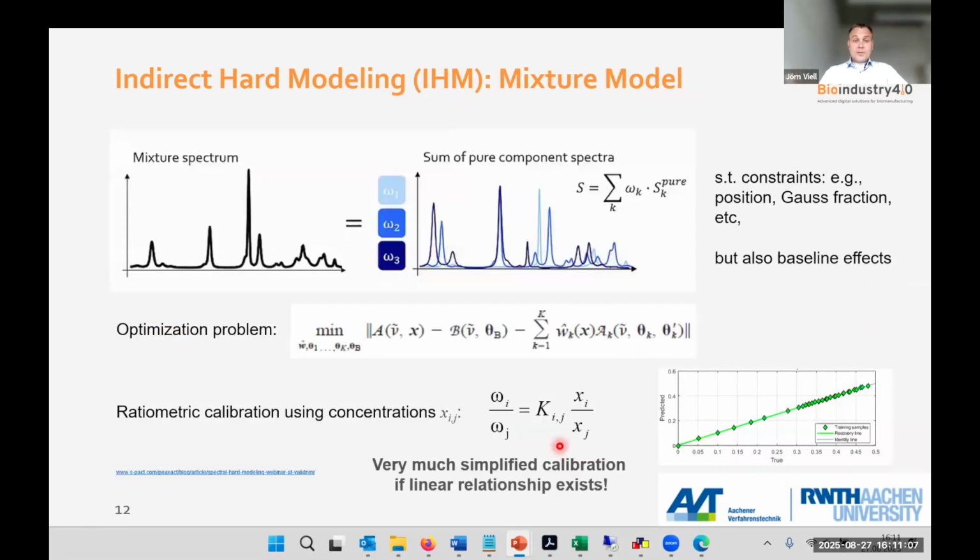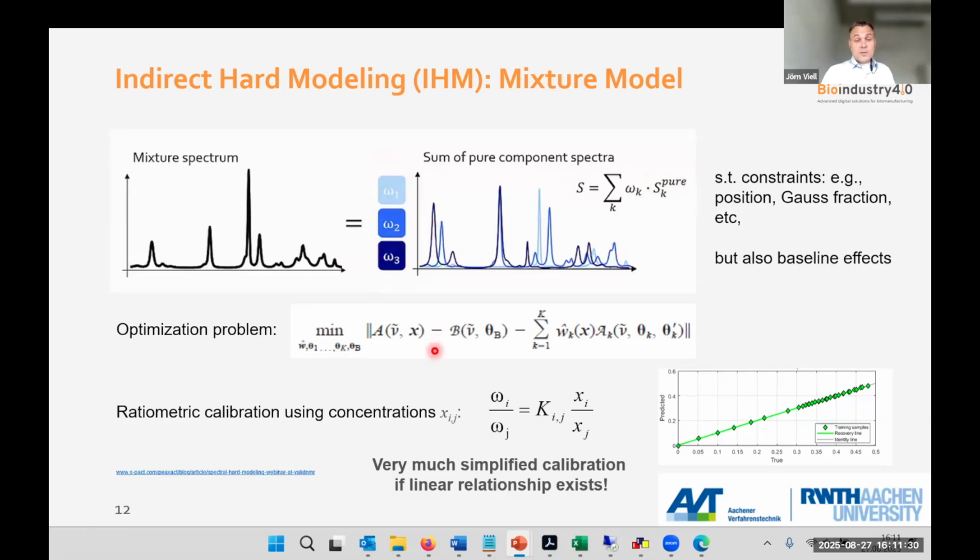Having now the pure component, we can combine that into a mixture model, by introducing certain weights here, omega-1, omega-2, omega-3, in order to mix pure component spectra into a sum of pure component spectra, the so-called mixture model.